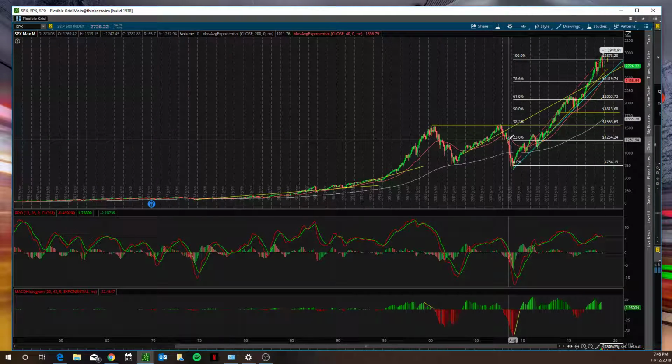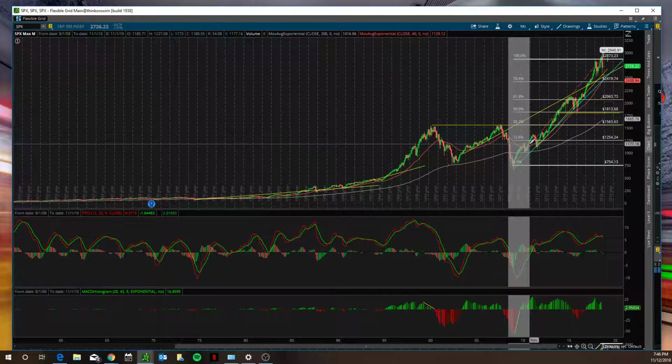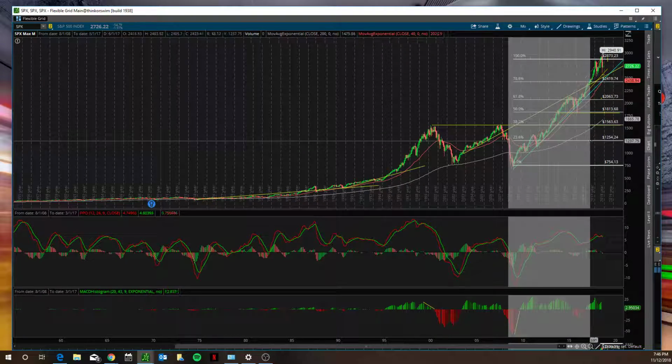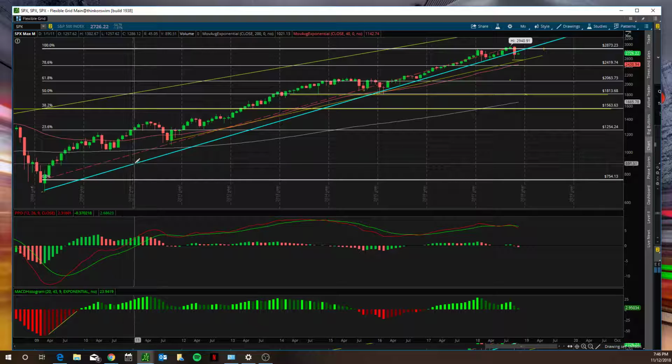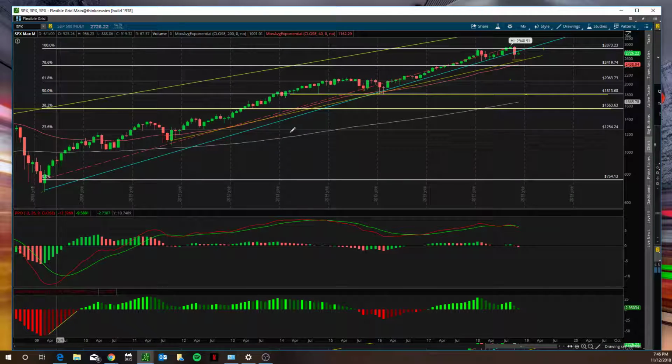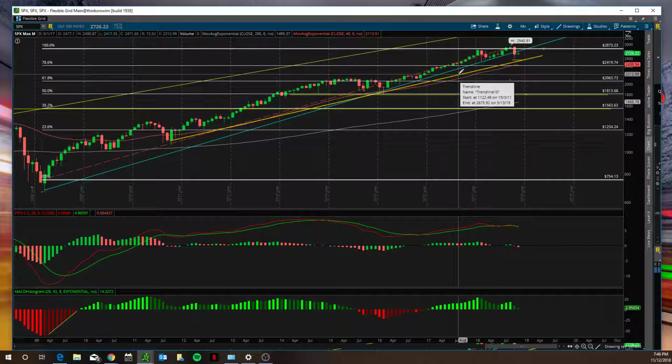So if I zoom in on this area, what do you see here? This blue line that I have encompasses all of this uptrend. Every single bit of this uptrend is encompassed by this blue indicator. This yellow line I have here is basically the benefit of the doubt trend line.